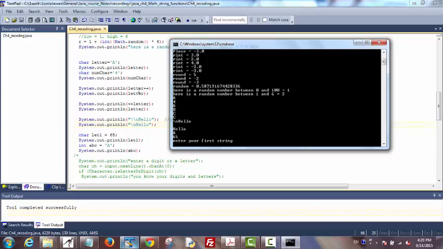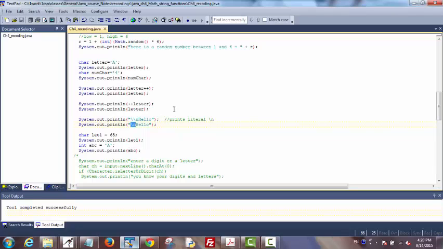Because of the order of operation and the associativity of these operators, you're first going to print A, and then increment the letter to capital B. So it displays A, and letter as a result of this line is going to be B. When we say ++letter, it increments it by 1 and then displays it, so that's C. And then letter, of course, is C, so it'll display C. So just keep in mind that you can use increment operators on characters.